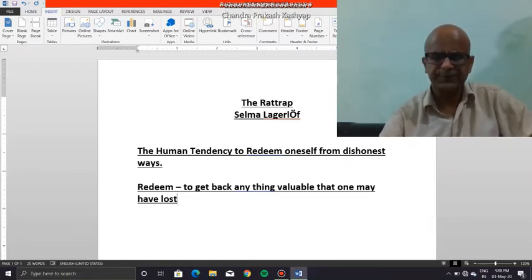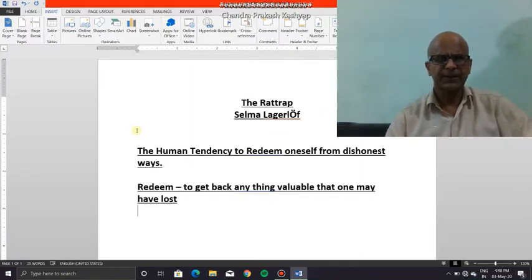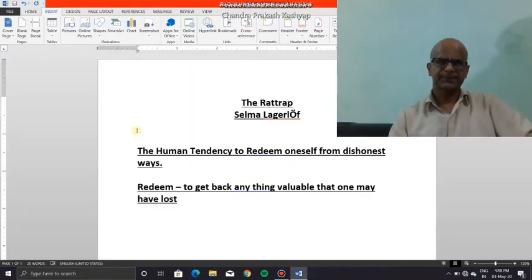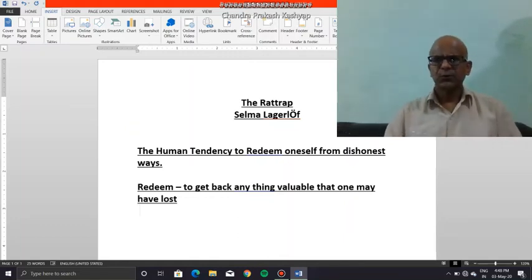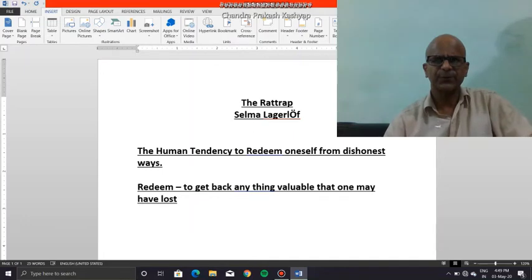Now, in the context of the story, the main character, and he happens to be a rat trap seller, or a rat trap peddler, loses his self-respect, his dignity as a human being, and how he gets it back is what the story is about.